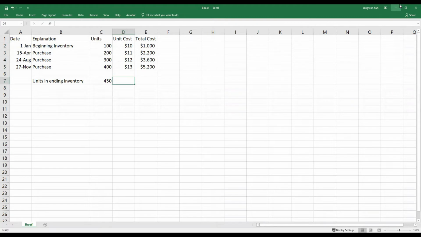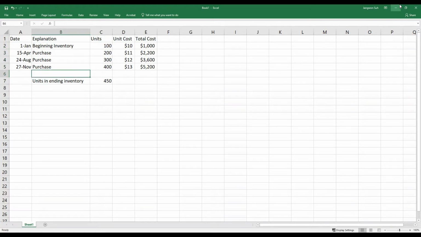Okay, that said, this is the year end. And every year end, you need to report your financial statements to outside users. So you need to check your inventory. You counted the inventory contained in your warehouse and found that 450 are left unsold. What does that mean? First of all, let's see how many were available for sale.